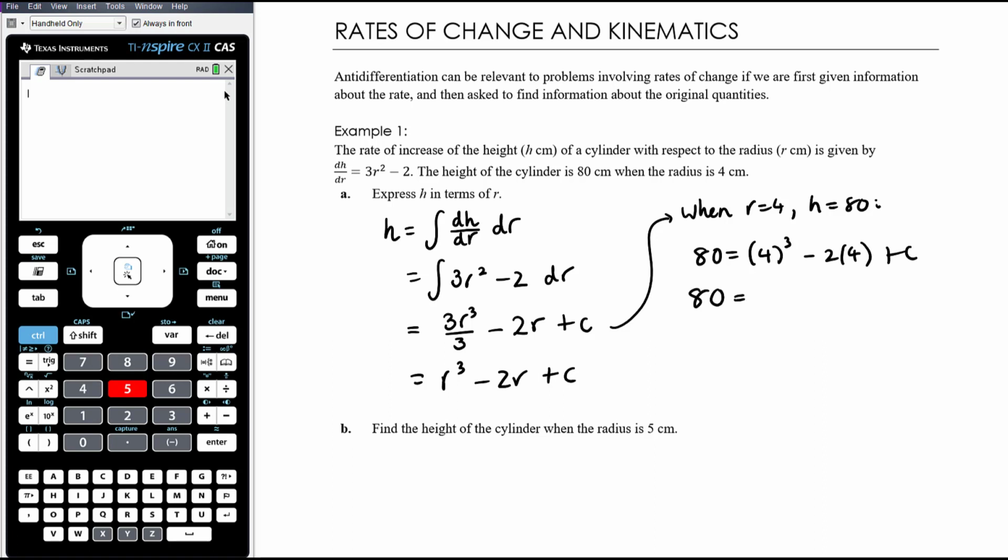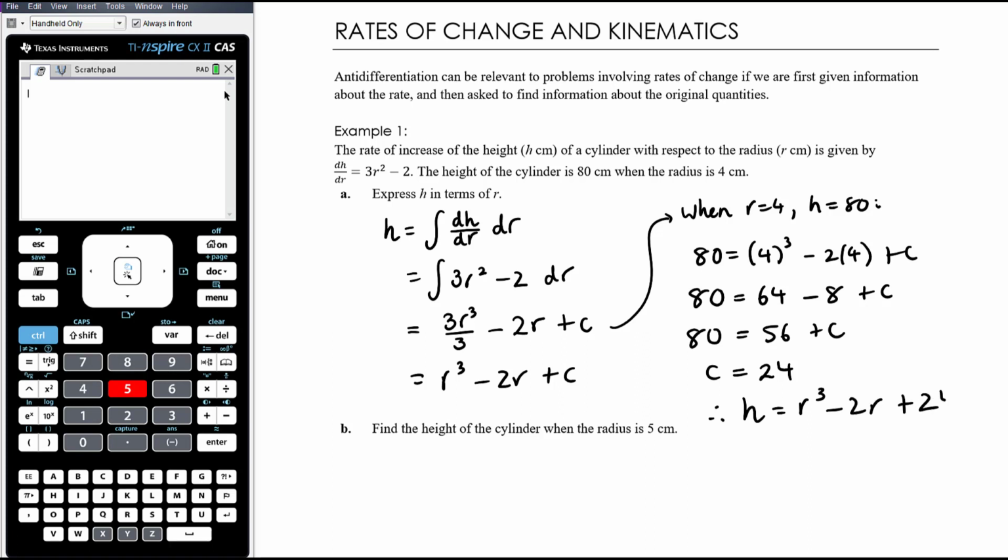So 80 equals 4 cubed is 64, 2 times 4 is 8, 64 minus 8 is 56, and so c is 80 minus 56, which is 24. Alright, so therefore h is equal to r cubed minus 2r plus 24. So there's h in terms of r.